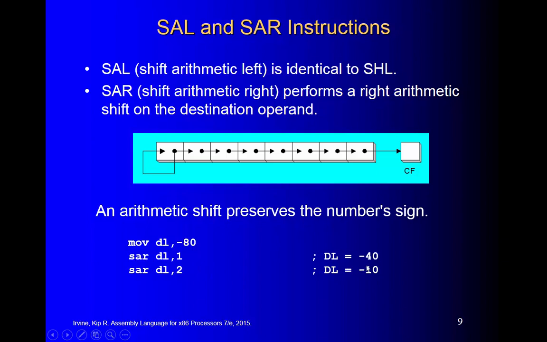If you want to prove this, you have to use two's complement format. First, you start with positive 80, then you convert it into negative 80 by two's complement format, like we studied in chapter 1 or 2. From there, you can do shifting and verify.